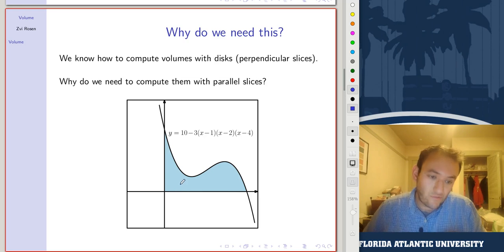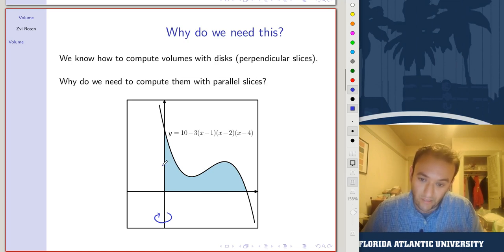Let's say we're asked to revolve this region around the y-axis. If we wanted to use slices that were perpendicular to the axis of rotation, it would be slices like this.